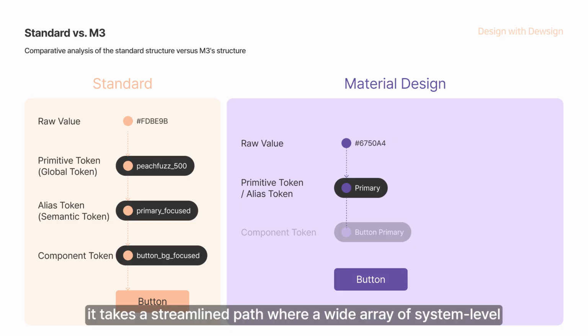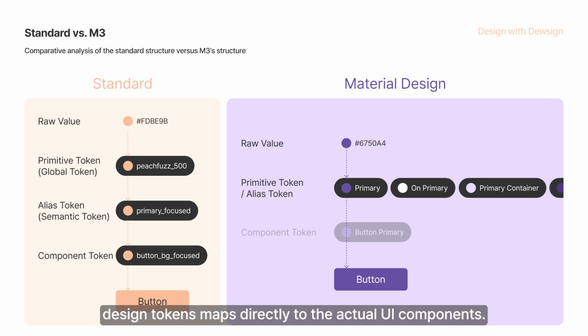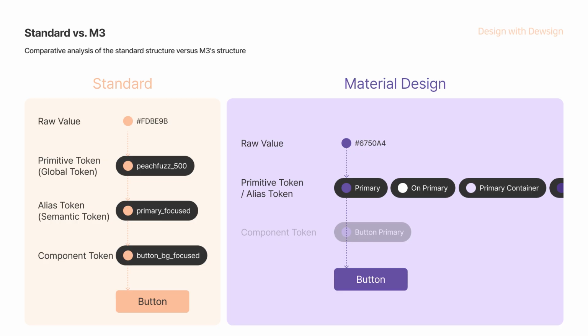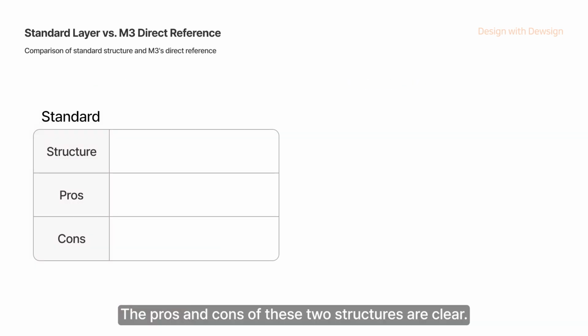Instead, it takes a streamlined path where a wide array of system-level design tokens maps directly to the actual UI components. Though the depth of the hierarchy differs, each approach brings its own distinct pros and cons when applied in practice.